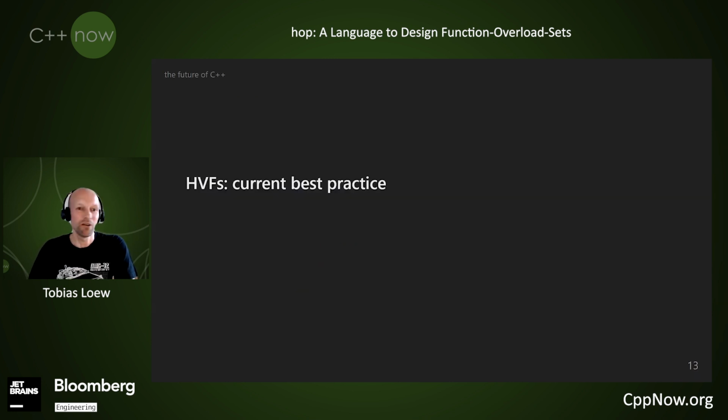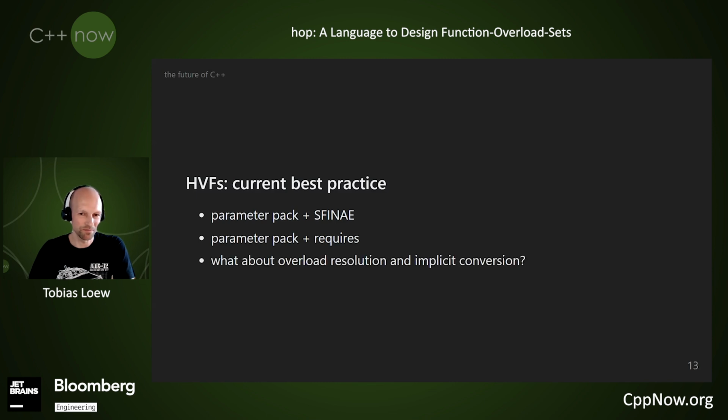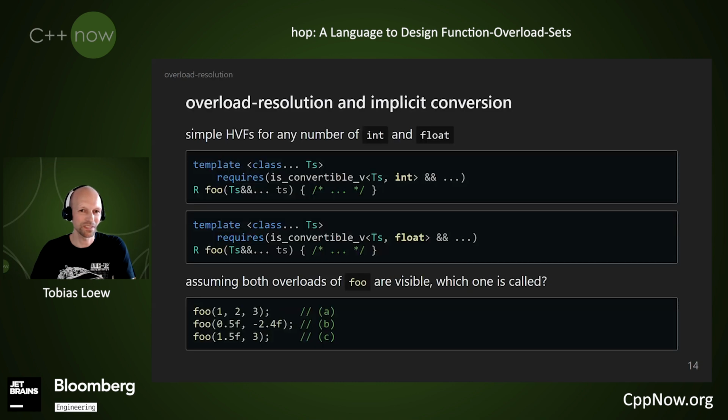So what's our current best practice for homogeneous variadic functions? So we can use parameter packs plus SFINAE condition, or we could use a requires clause. But what about overload resolution and implicit conversions? So let's simply assume we have these two functions. So we have a first function foo, which takes an arbitrary number of ints.